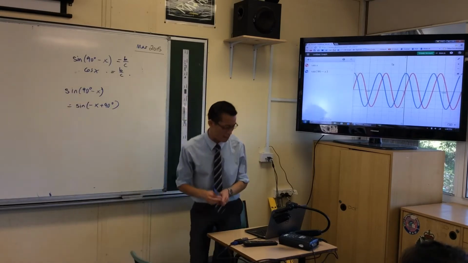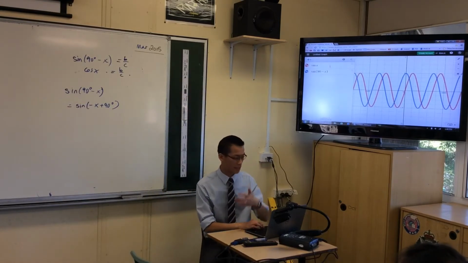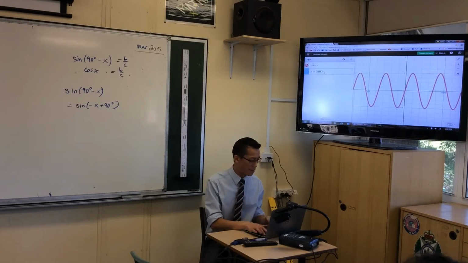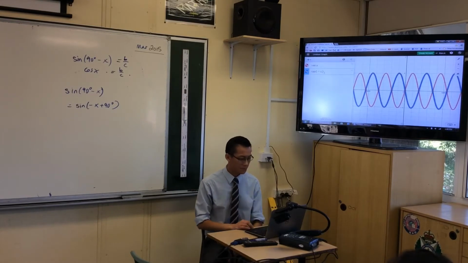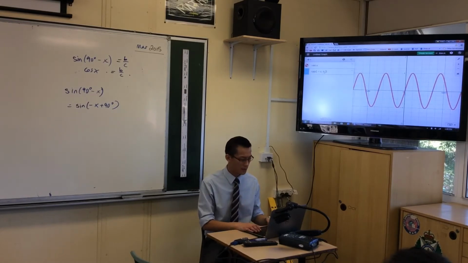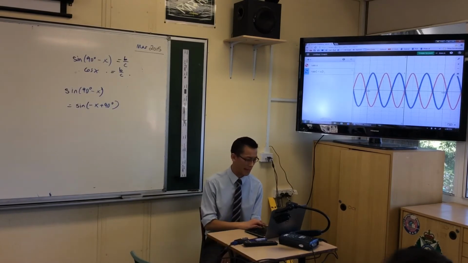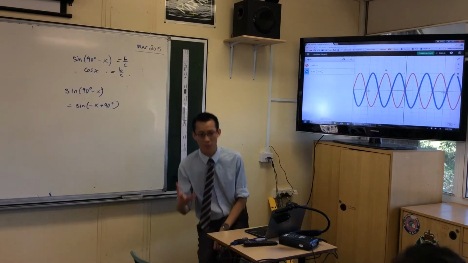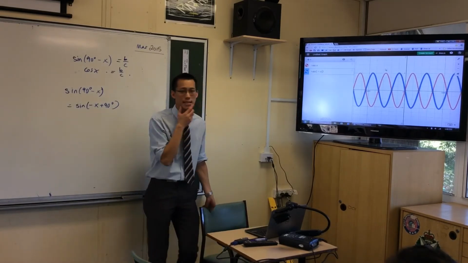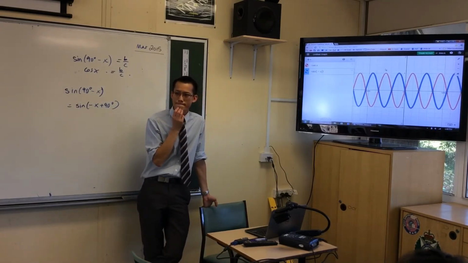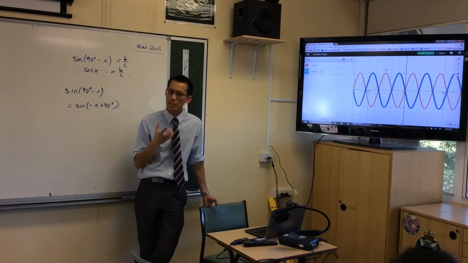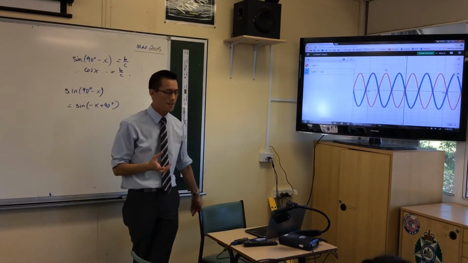If I graph this, and now I'm going to go into my slide, and you might like to follow me, okay? I'm going to graph this as minus x plus a. Okay, now if you go back, right, what just happened there? Like there's sine of minus x. I haven't added the shift in yet. What is this thing? Now you have to be careful, because this thing is symmetrical.